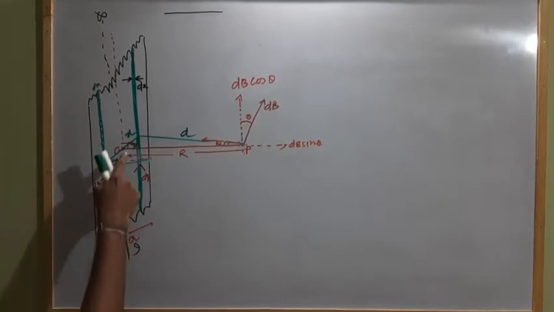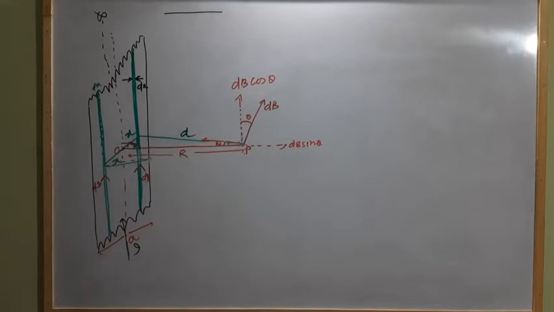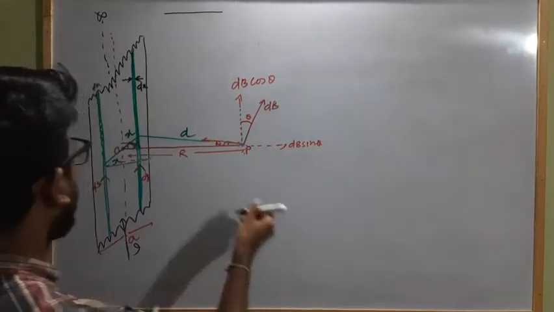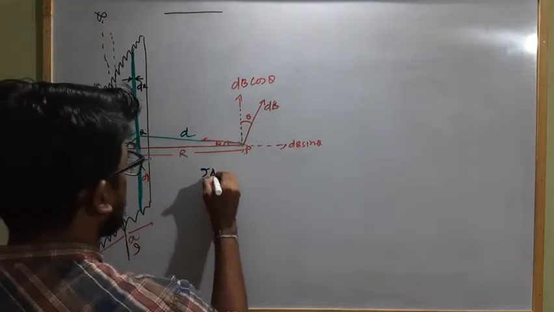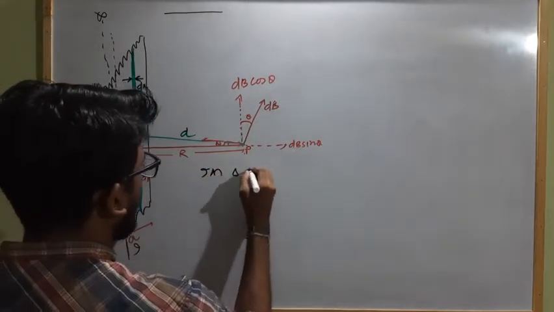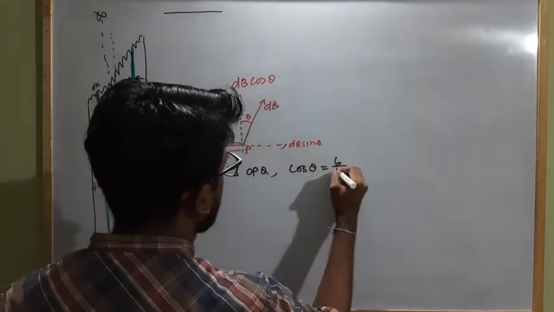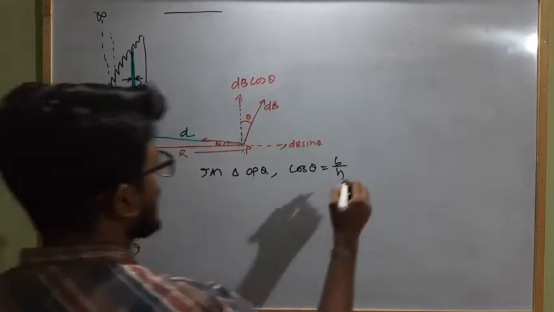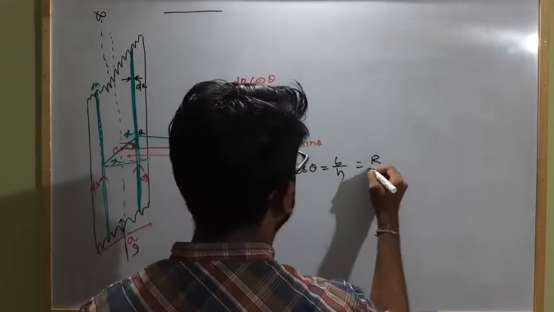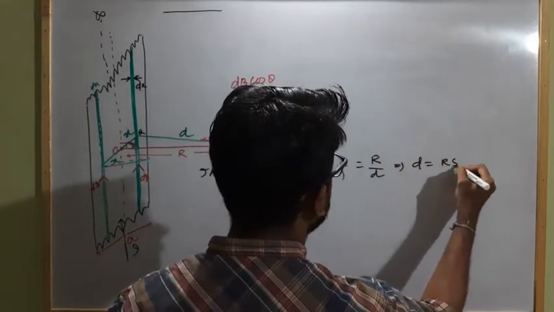In this triangle OPQ, cos theta equals base by hypotenuse. If this is theta, this is 90, this will be the base, this will be the hypotenuse, so cos theta equals r by d. So this implies you can write d equals r sec theta.